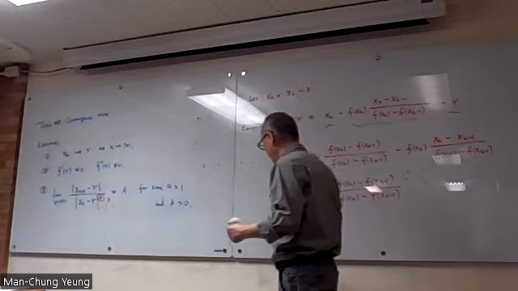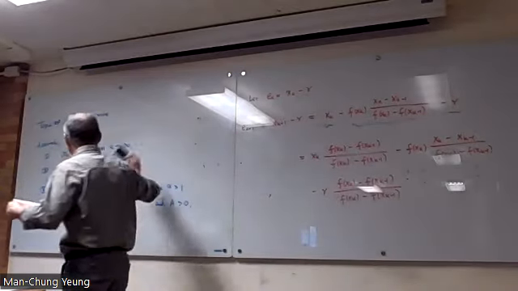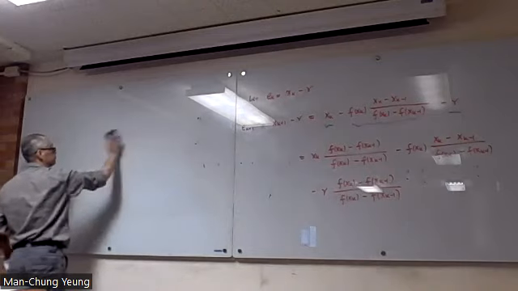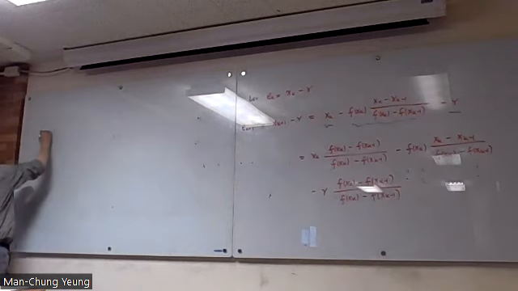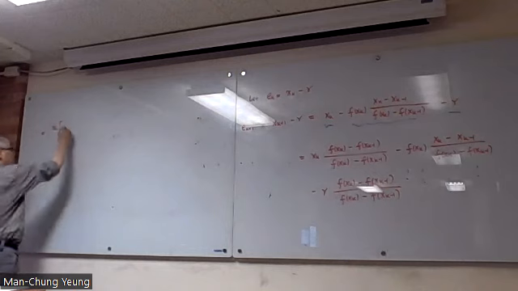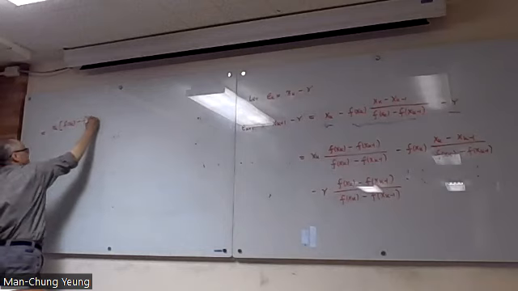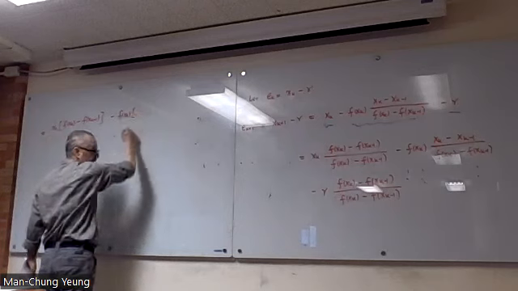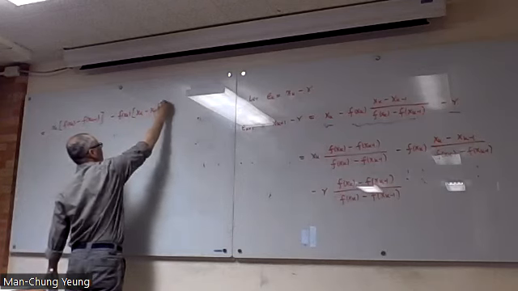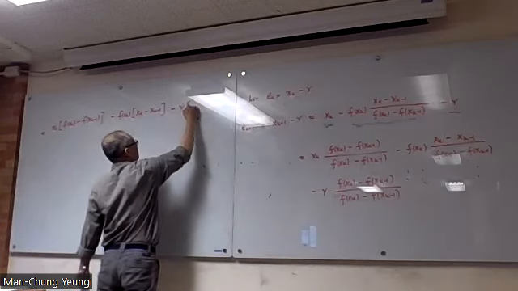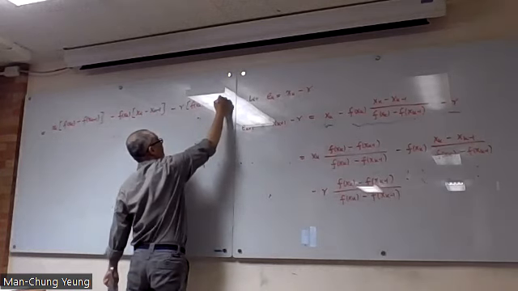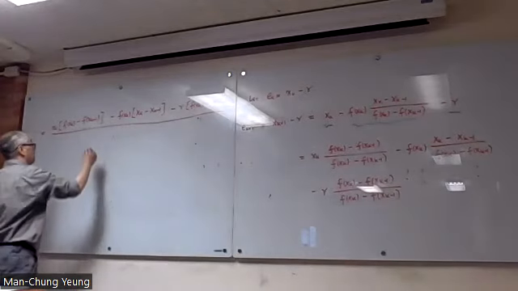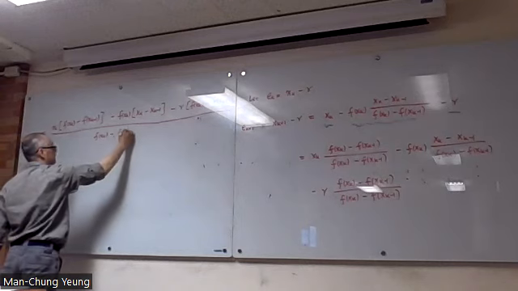Keep the assumptions in mind. So I can combine: xk times f xk minus f xk minus 1, then minus f xk times xk minus xk minus 1, then minus r times f xk minus f xk minus 1, then all divided by f xk minus f xk minus 1.